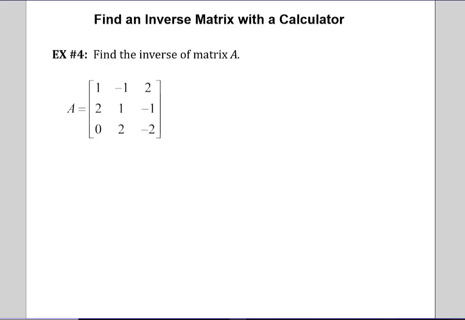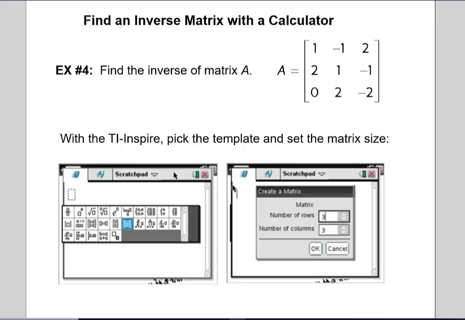Now, for this example, we're going to use a calculator. So I have calculator directions. On my calculator, I want to create this, and I'm using modeling with a TI Inspire. That's what my students have. So if I want to find the matrix for A, I'm going to use the template, which is on the keypad.